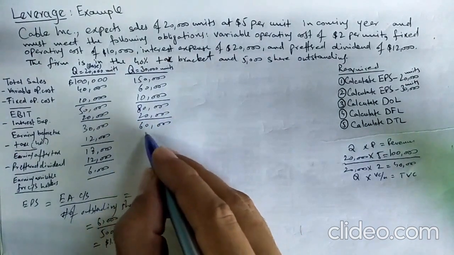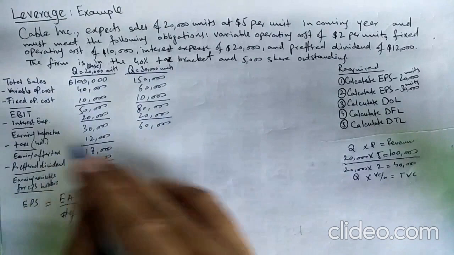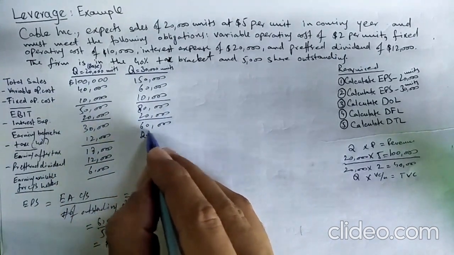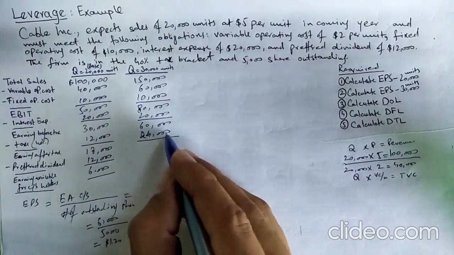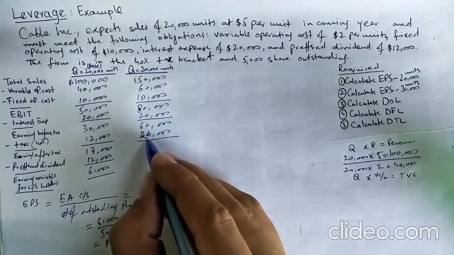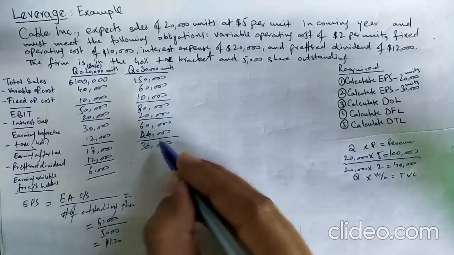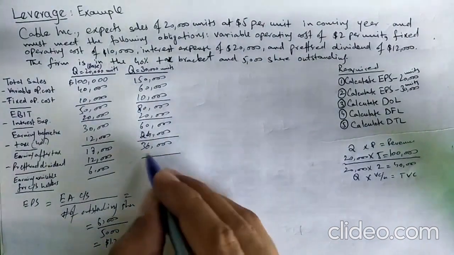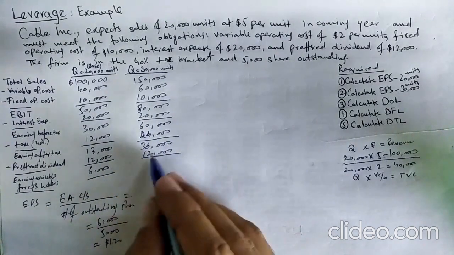Then we have to pay tax to the government, and 40% of 60,000 is 24,000. So we will pay tax of 24,000 to the government. 60,000 minus 24,000 is 36,000. So now we have an income after tax of 36,000. Now we pay the preferred dividend, which is a fixed cost and remains the same.